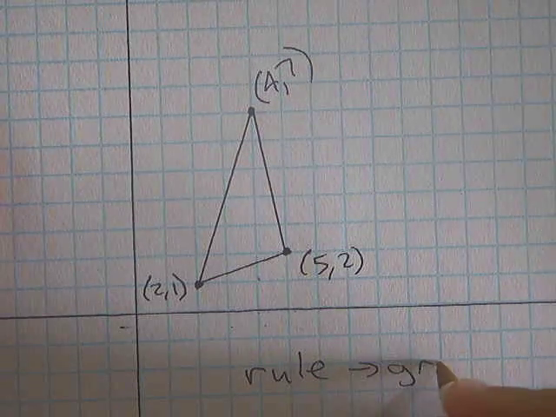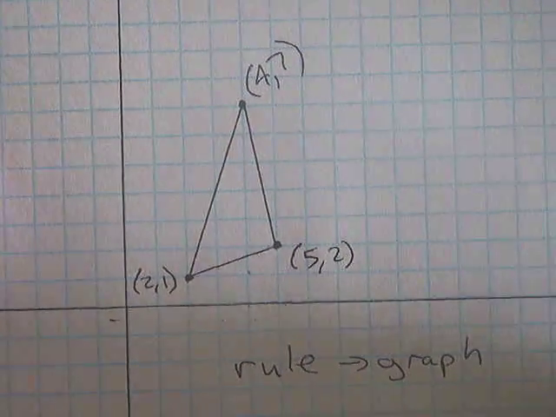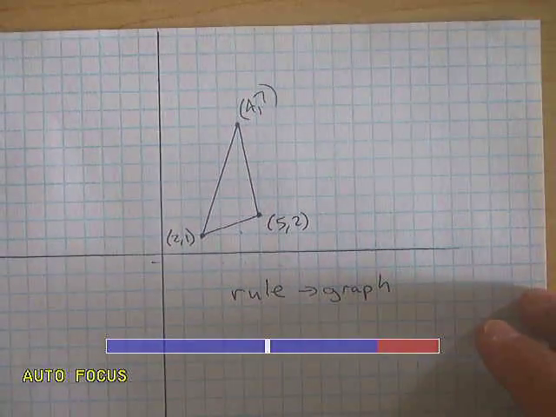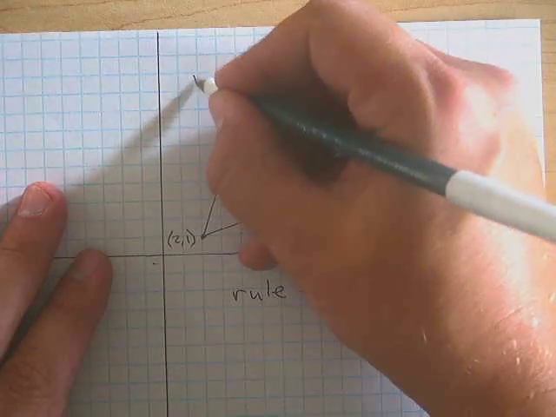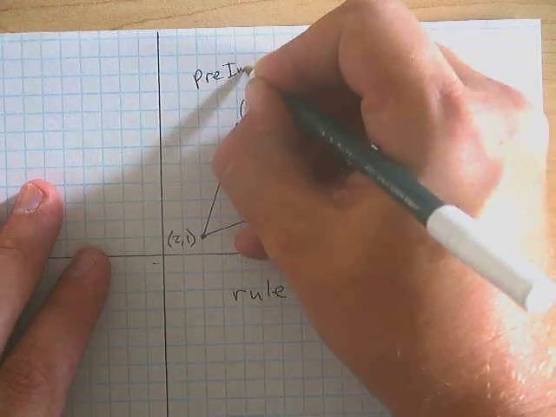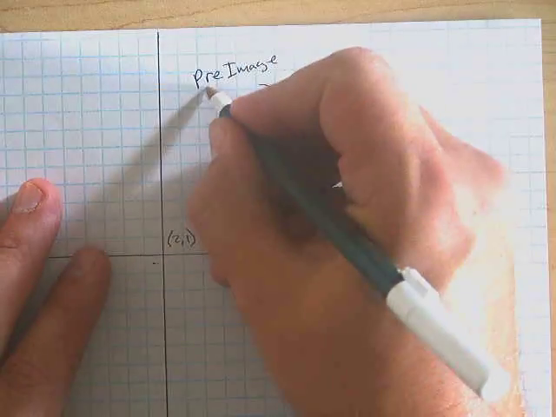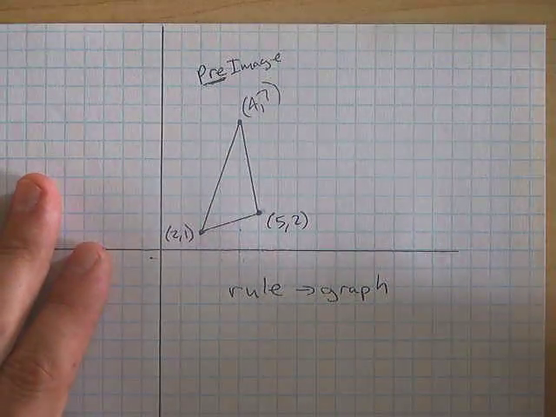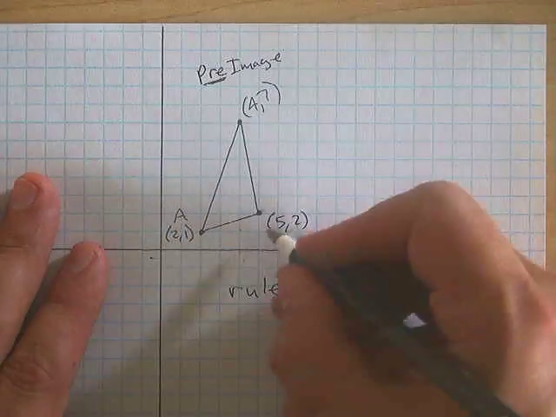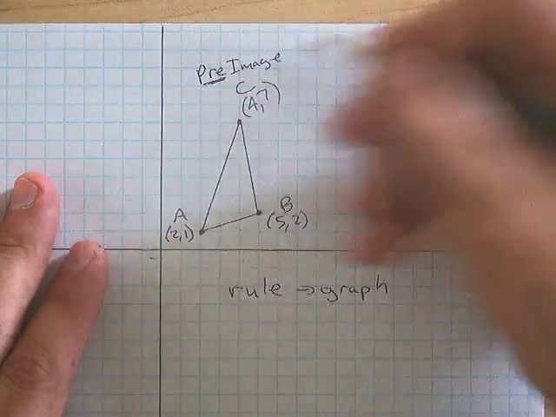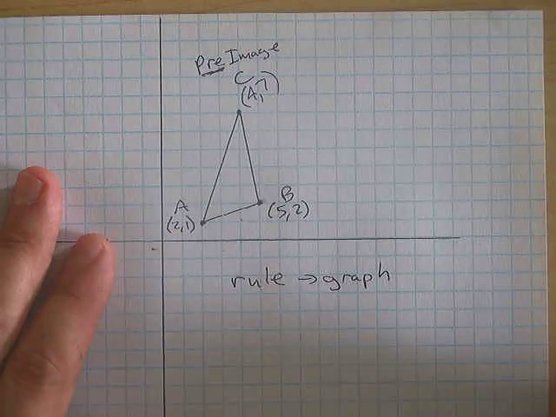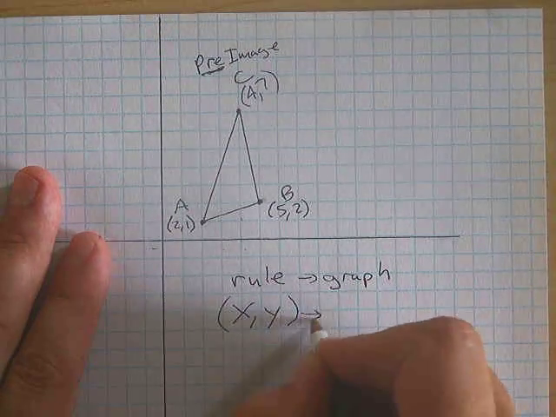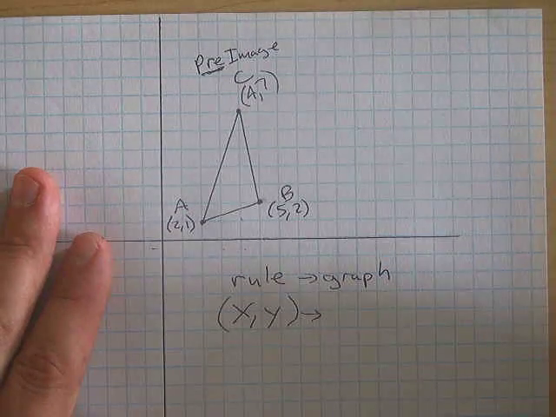Okay, the first thing we want to do is go from a rule to a graph. So we're going to start with our shape. This shape right here is what's called a pre-image. Pre means before, right? So I'm going to label these points A, B, and C. And I'm going to make a rule.